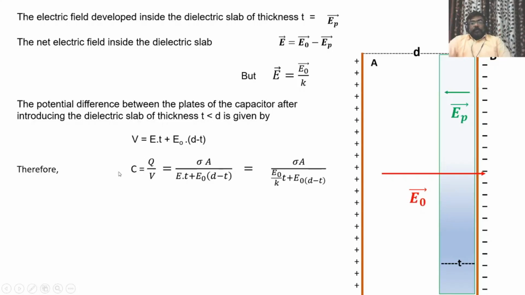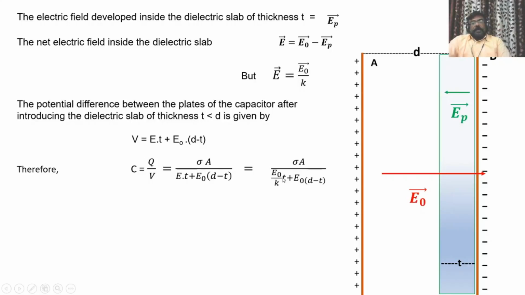Now we are able to calculate the capacitance of this capacitor. Capacitance is given by the ratio of charge to the potential difference. The charge is given by sigma into A and the potential difference is given by V is equal to E into T plus E0 into D minus T. Substituting the values of Q and V, we will get this expression.